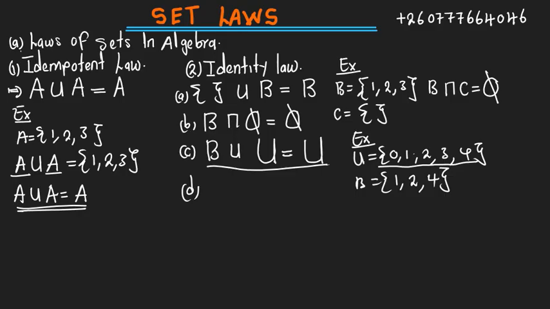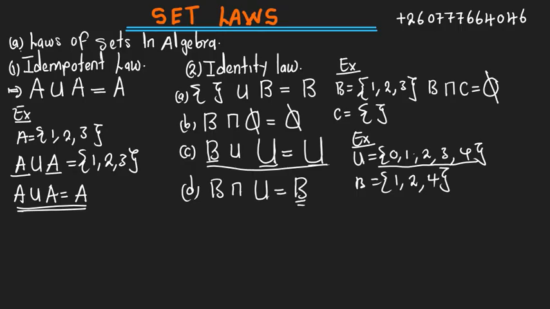Another thing that I would want you to understand is this. Under this law, the intersection of a particular set with the universal set is going to give you that set. Remember, we said that if B is uniting with the universal set, it will give you the universal set. But if B is intersecting with the universal set, then it will give you the set B itself.